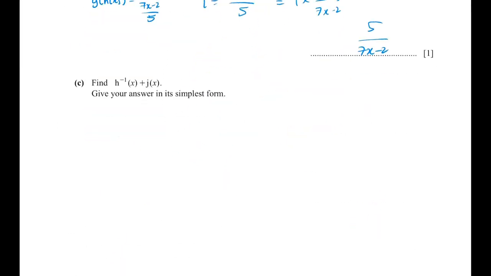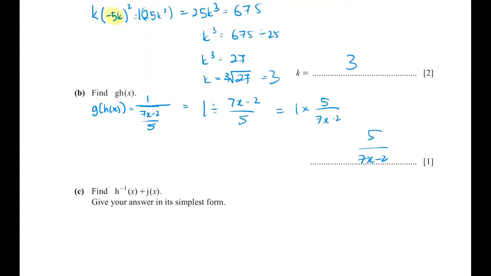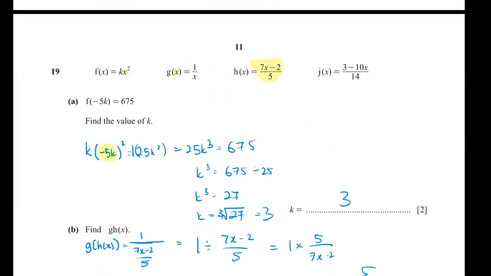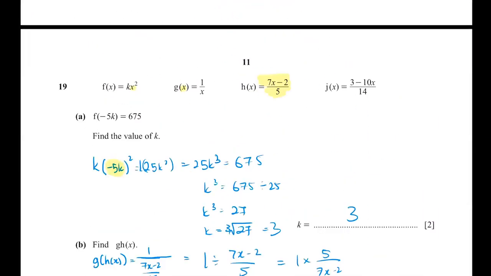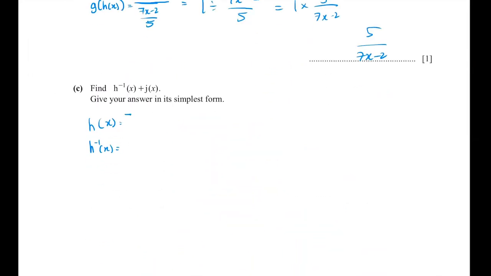Very simple. Find the inverse of the function h and add it with function j. Inverse of function h. So first, let's find the inverse of function h first. Normally I would recommend you guys to copy it down so that you don't need to go up and down to look at it. That's what I normally do for my functions so that I don't miss out 7x minus 2 over 5.